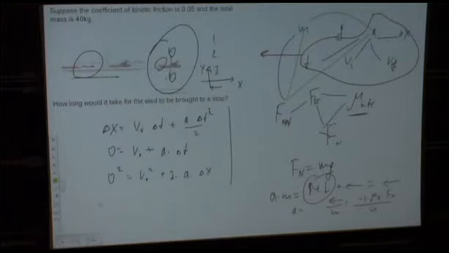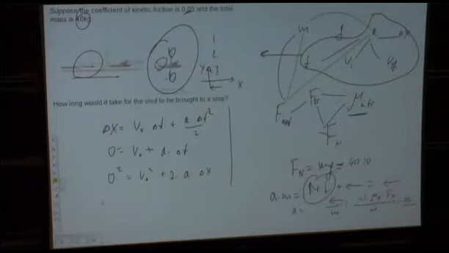In turn, that should be equal to, well, minus, because the component should be negative, 0.05, that's the coefficient of kinetic friction, times, as we said, the normal force, which is the mass times g, and we divide it by mass, so we actually don't even need to know the mass in this particular problem.